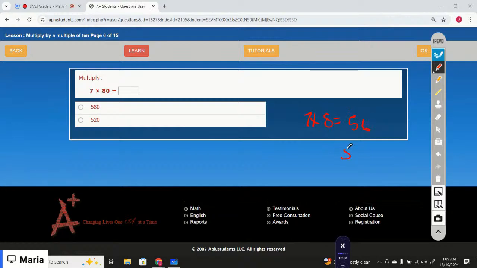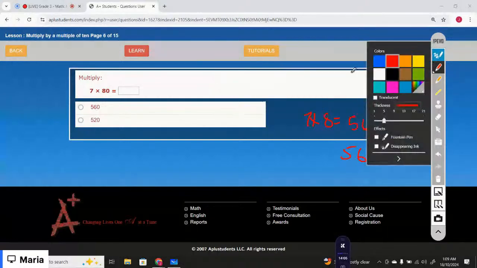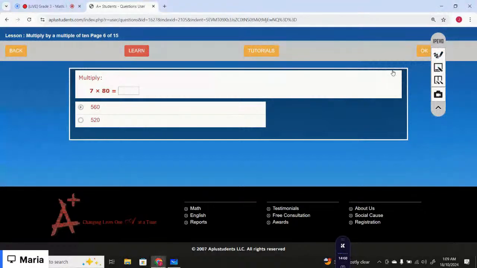So you need to add that 0. That makes it 560. Option number 1 is the correct option, that is 560.